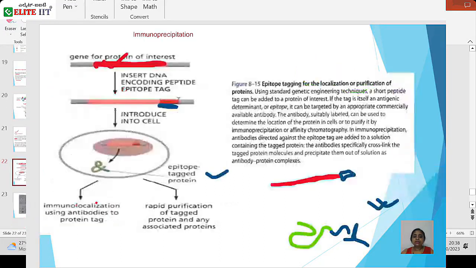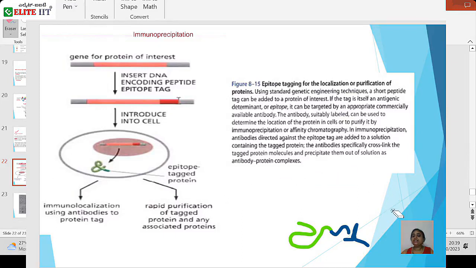Now this is the actual process. You are not adding any epitope to the protein directly. From the starting point, that is from the gene level, you have to add it. Say this red part is the protein of interest, but you don't have an antibody against it. So with the gene, you add one tag sequence, here in green.